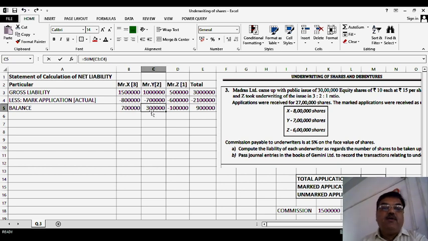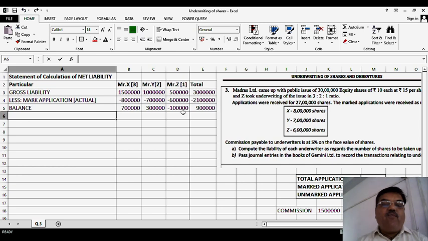So here Mr. Y's is 3 lakh and Mr. Z's is 1 lakh negative. You know that for the negative, we have to give the benefit of that 1 lakh to Mr. X and Mr. Y in the ratio of 3:2. So here we want to cancel that negative figure.